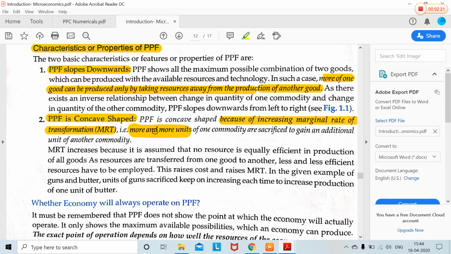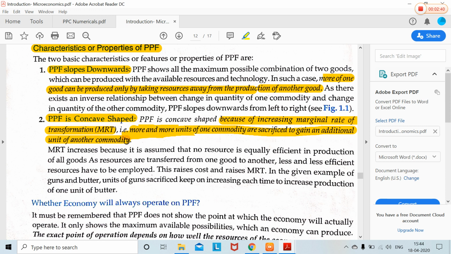This word is very important when it comes to concavity. This is the word which gives it concave shape. More and more units of one commodity are sacrificed to gain an additional unit of another commodity. Every time we are losing more and more of that particular commodity.